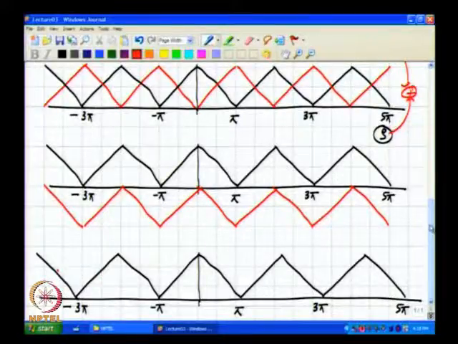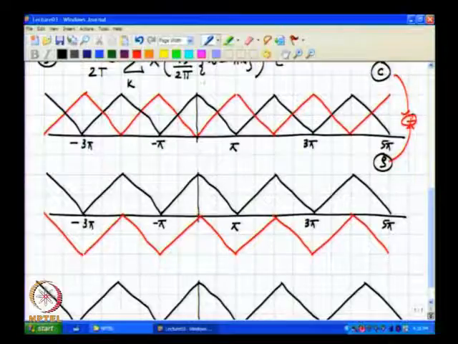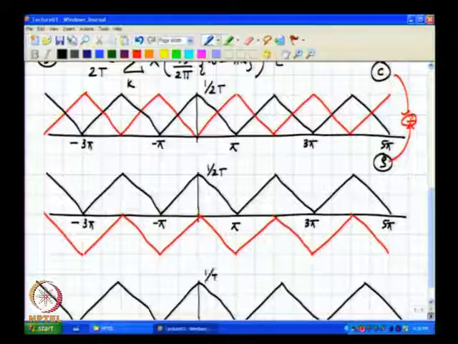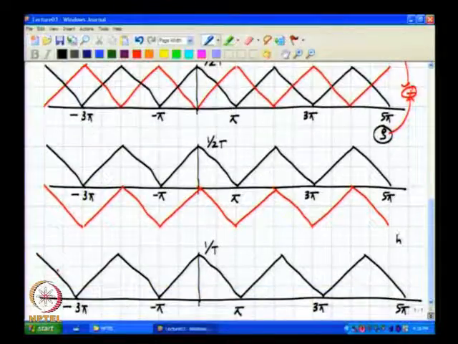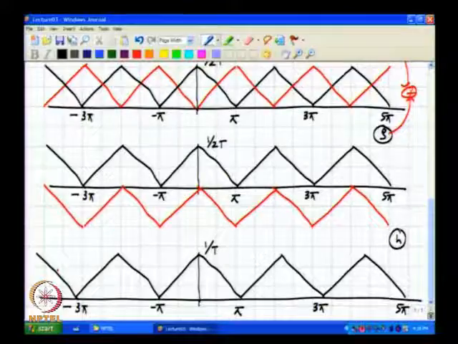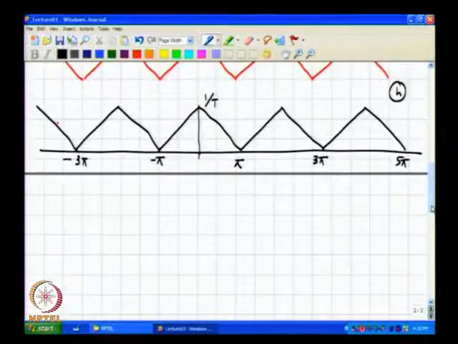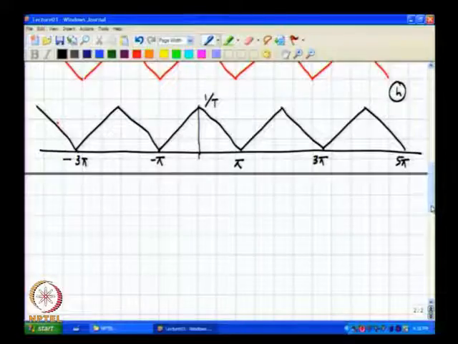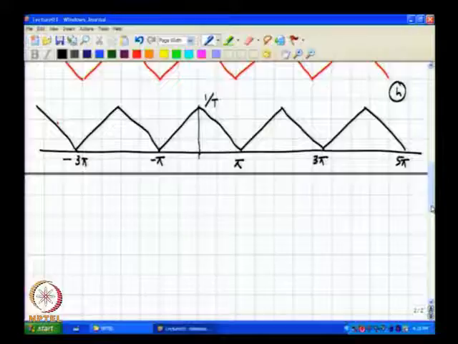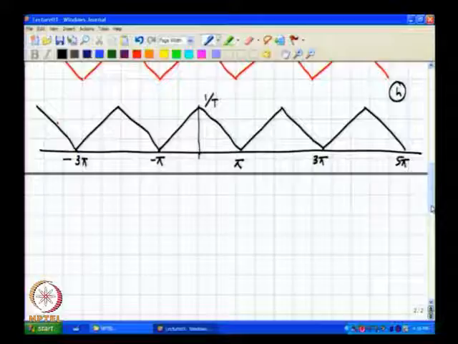This strength is 1 by 2T, this strength is also 1 by 2T. So, when you add these two, the strength will be proportional to 1 by T, and you get the result at H, a spectrum like this, which is what we expected in the first place, given that this whole system is equivalent to a system which samples at rate Fs. Is this clear?